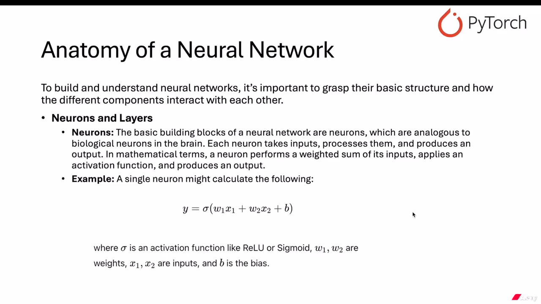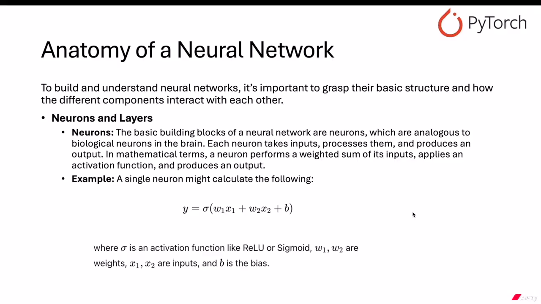Anatomy of a neural network. To build and understand neural networks, it's important to grasp their basic structure and how the different components interact with each other. Let's look into neurons and layers. Neurons, the basic building blocks of a neural network, are analogous to the biological neurons in the brain. Each neuron takes inputs, processes them, and produces an output.